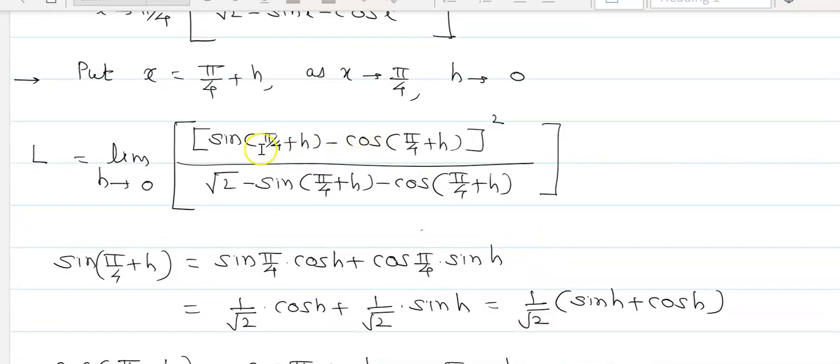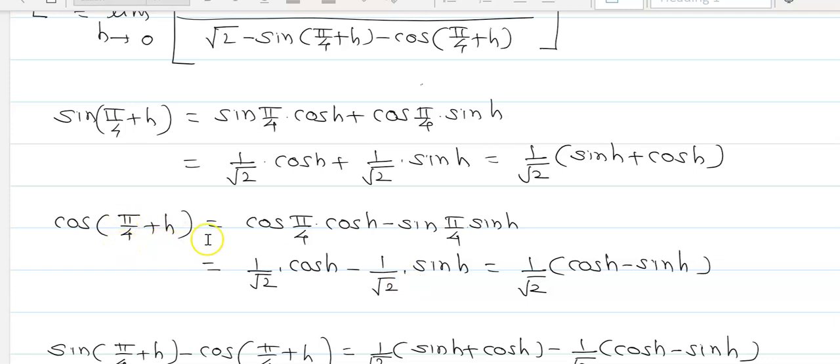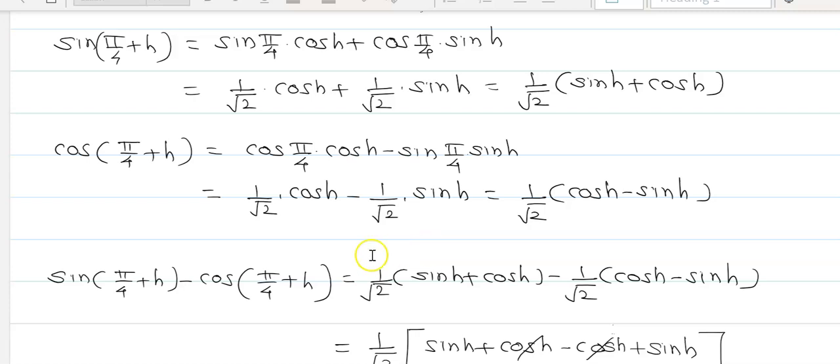Now the values of sin of pi by 4 plus h and cos of pi by 4 plus h, separate it. Sin of pi by 4 plus h, a plus b, by using the expansion of this, take 1 upon root 2 common, in bracket you will get sin h plus cos h. Cos of pi by 4 plus h, take 1 upon root 2 as common, then cos h minus sin h.